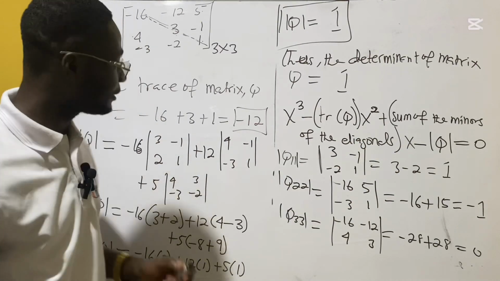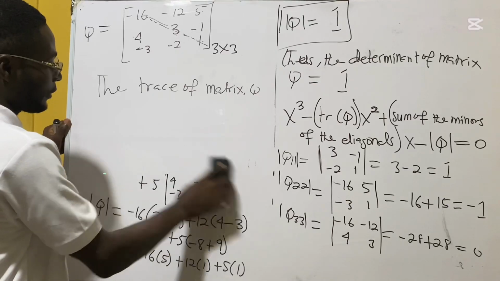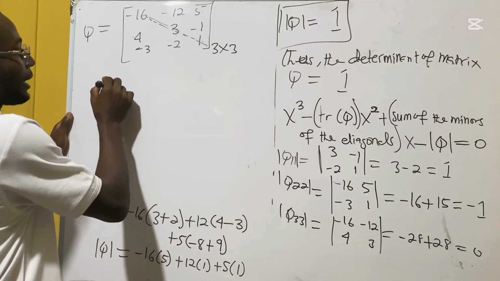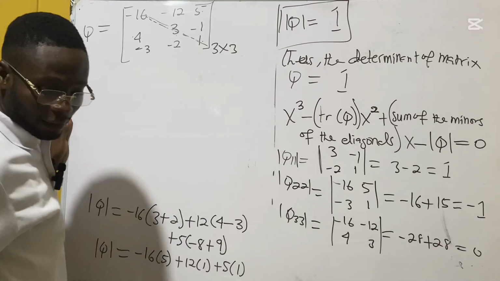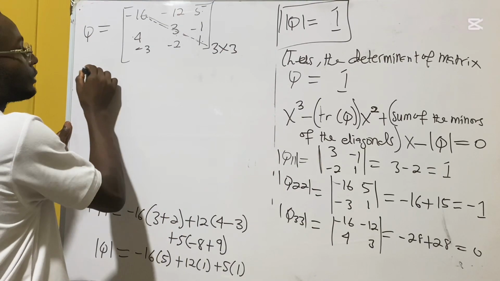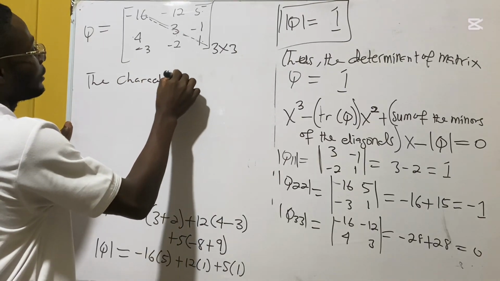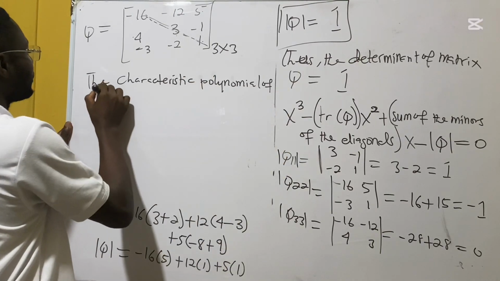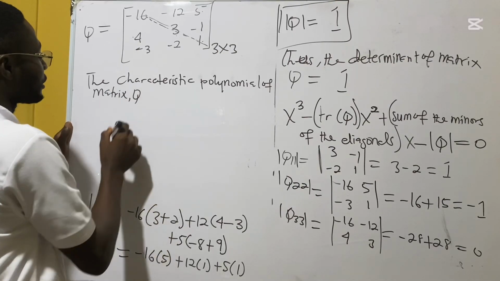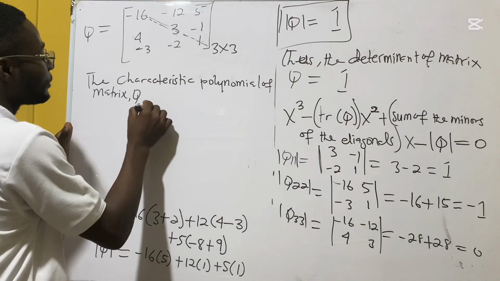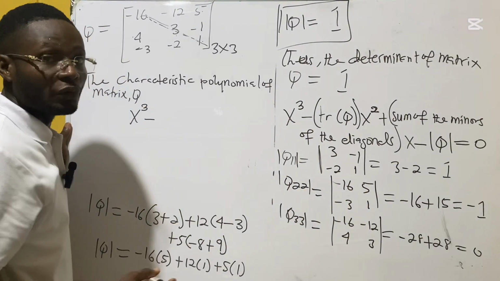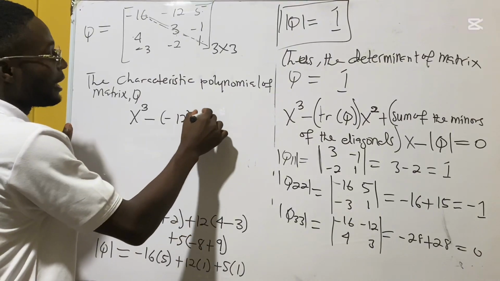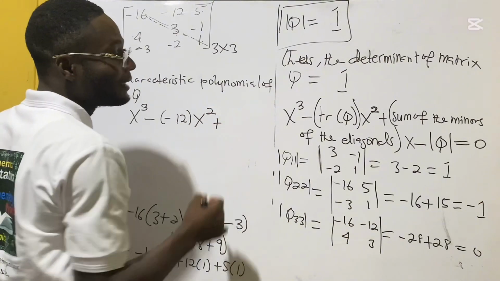So here we can say that our characteristic equation, or our characteristic polynomial of the matrix Q, will be equal to s cubed minus trace of Q. Trace of Q was negative 12, so we have minus minus 12, so we have plus 12 s squared, then plus sum of the minors.